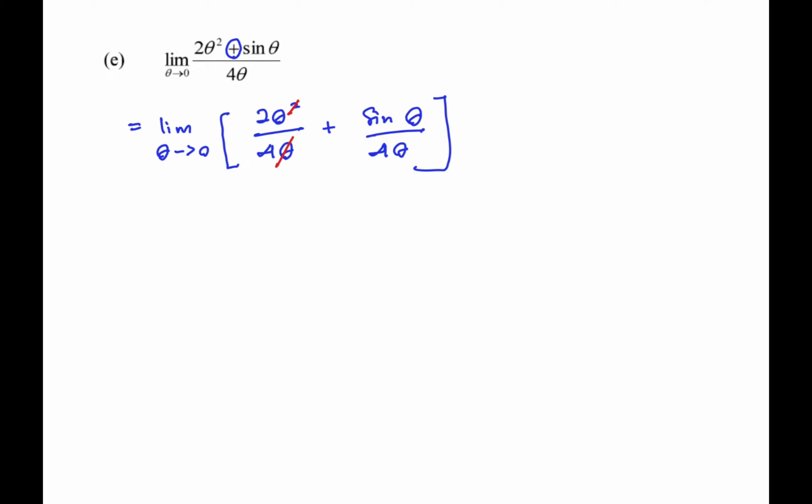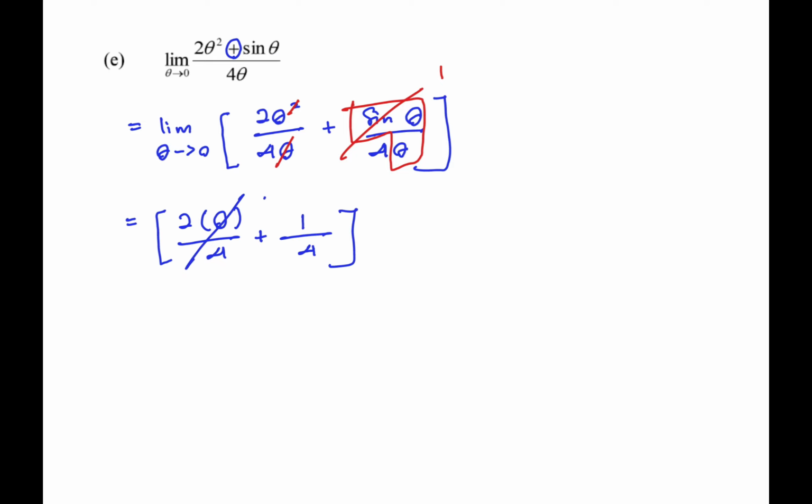And then this one, if you can see, equals 1 if we apply the first theorem. So we get 2 times 0 divided by 4 plus 1 over 4. This one becomes 0, so you get 1 over 4.